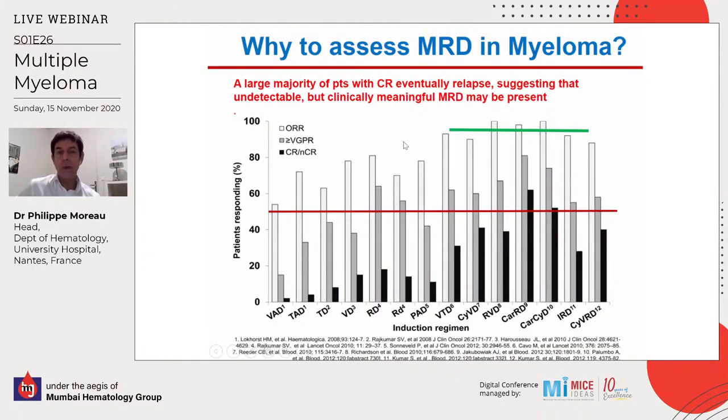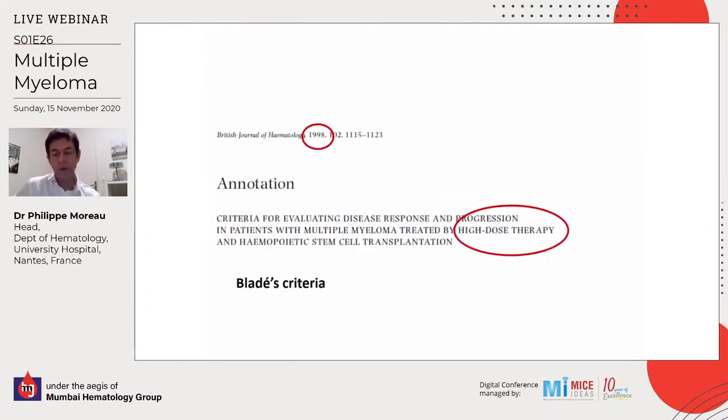But the great majority of them are going to relapse, suggesting that despite this CR achievement, we have an undetectable disease that may be present and will provoke the relapse.